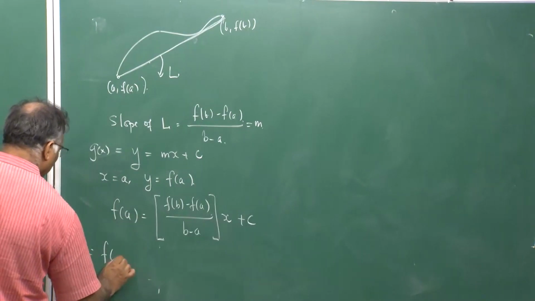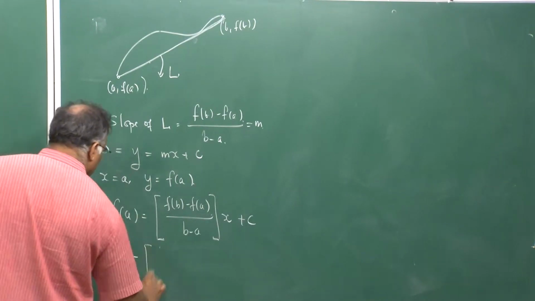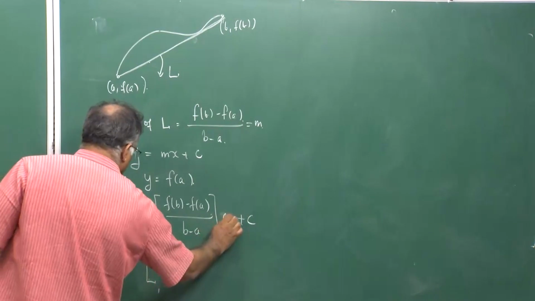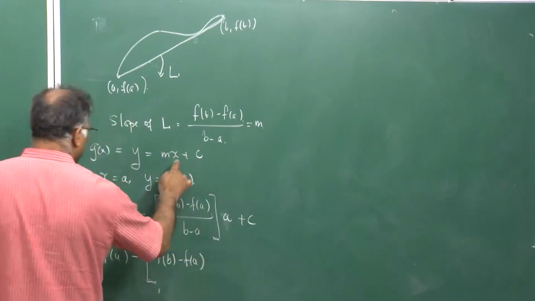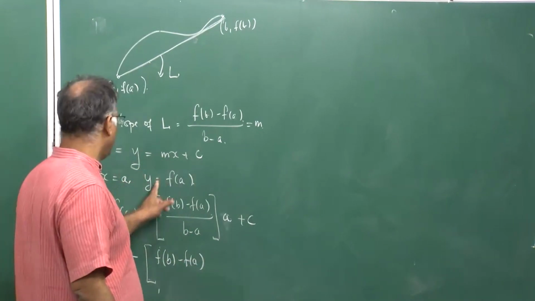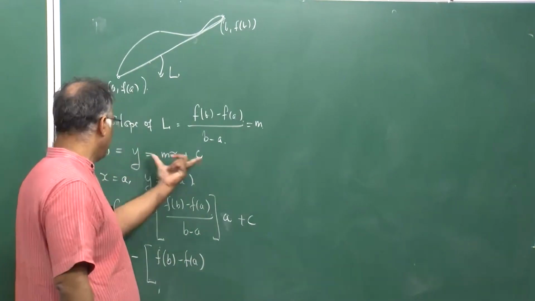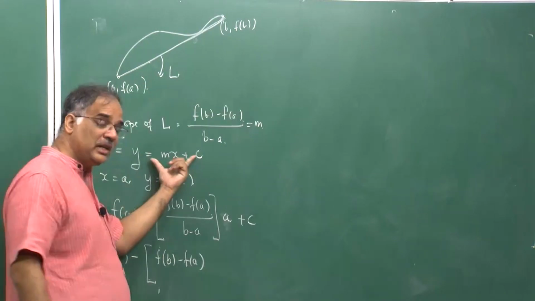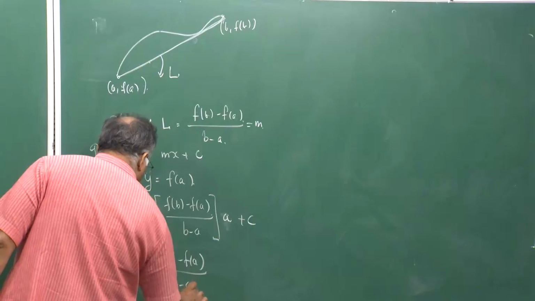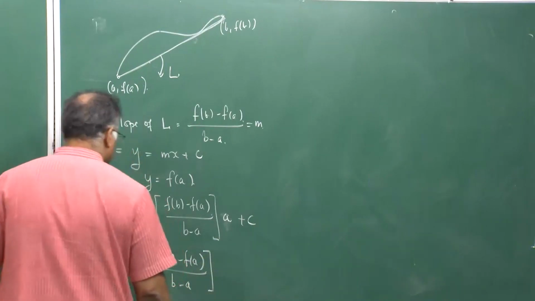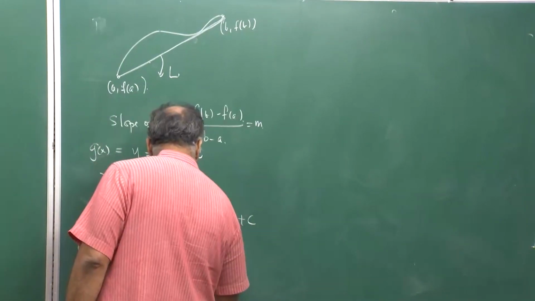When x is equal to a, y is equal to f(a) naturally, and you put it in this line because (a, f(a)) is lying on this line, and so this is my constant.